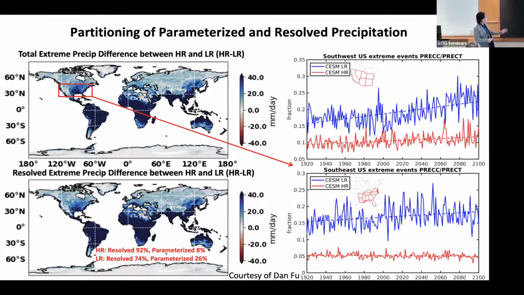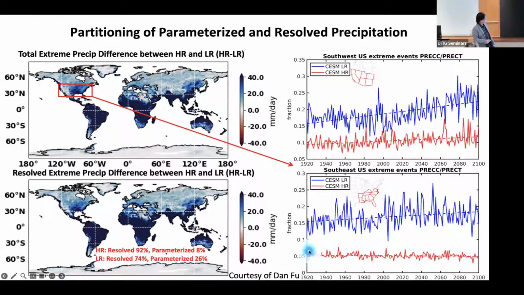Right. So if you look at the region of the U.S., this is the ratio, average in the southwest and this is the southeast, and this is how the partitioning of the large scale versus parameterized precipitation changes with time, from 1920 all the way to 2100. We see that in the high resolution model, this partitioning, the ratio, basically stays pretty much the same, does not change.